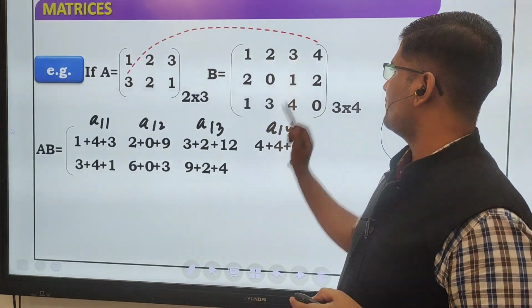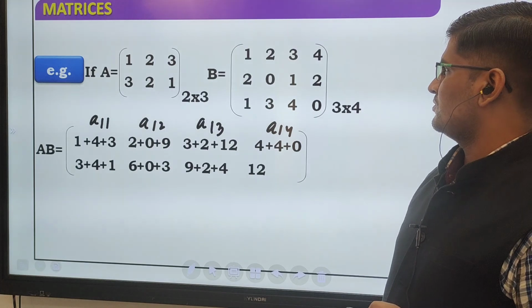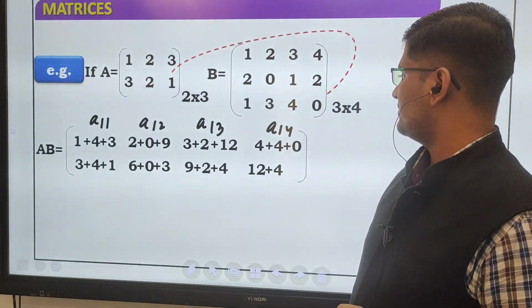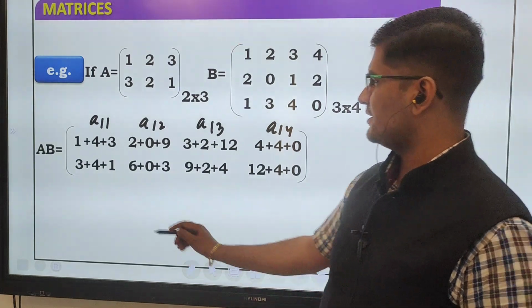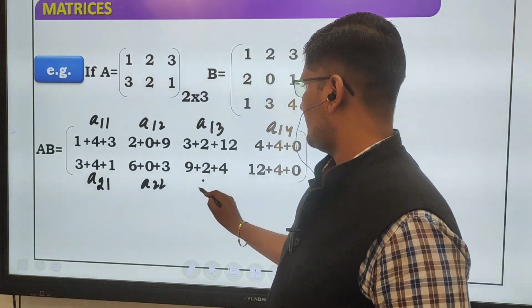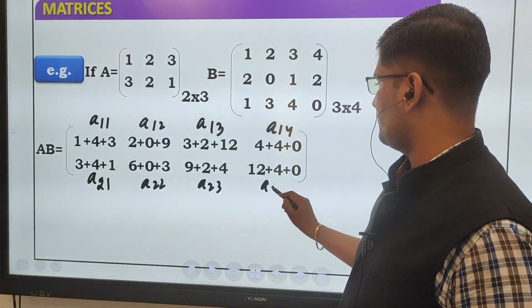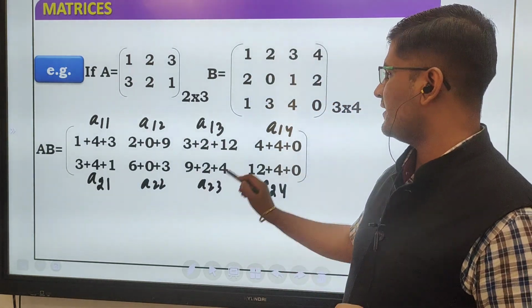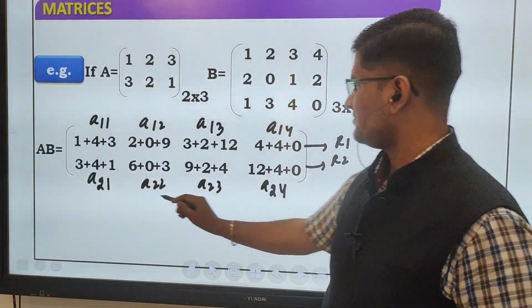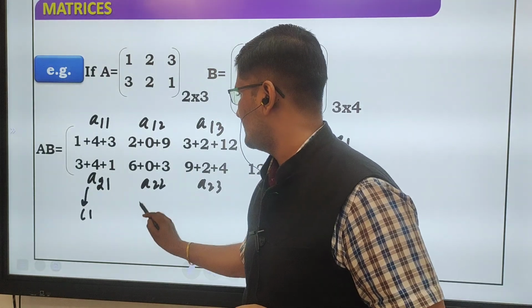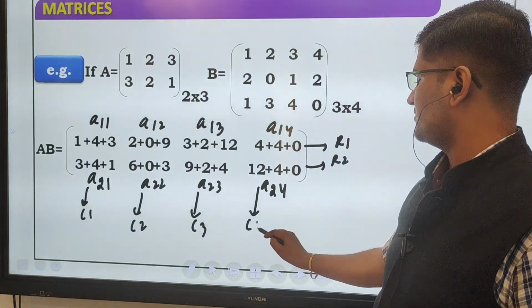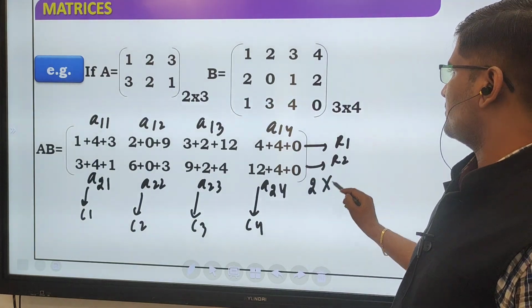Same way, 3 into 4, 2 into 2 plus 1 into 0. So this is A21, A22, A23 and A24. The rows are R1, R2 and the columns are C1, C2, C3 and C4. So this is 2 into 4.